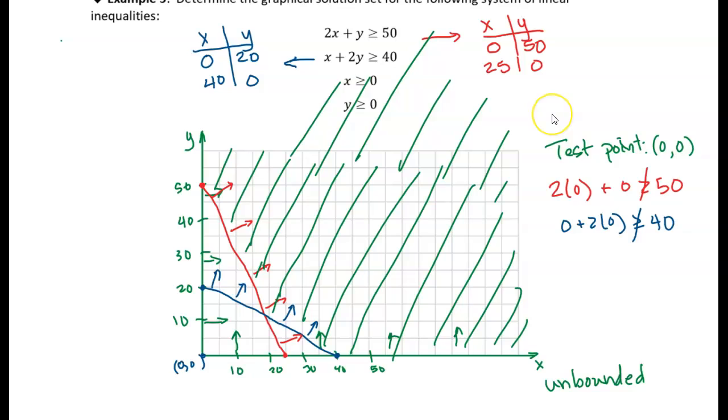So this is an unbounded solution because the region doesn't have a nice defined boundary. It has boundaries over here, these lines. The x and y axes and the red and blue lines form a boundary along part of it, but then it's not a bounded solution because it goes off forever in the x and y directions.